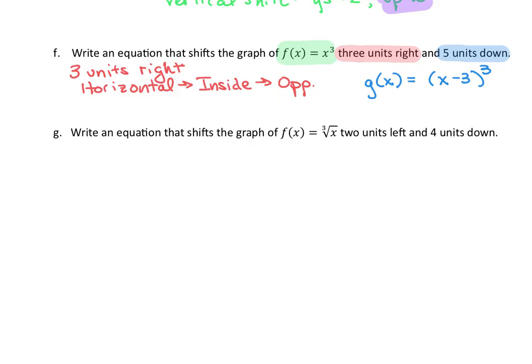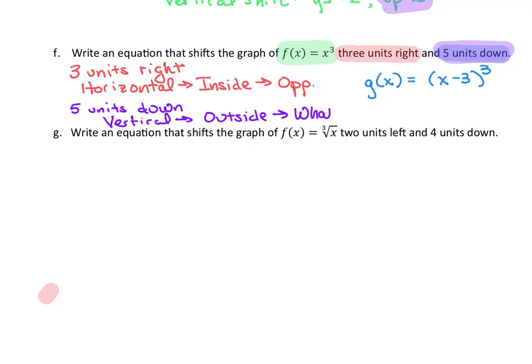All right, the second thing that we have going on is we want to go 5 units down. And so 5 units down, this is vertical. This is going to be outside, and we do what it says. We don't do the opposite.